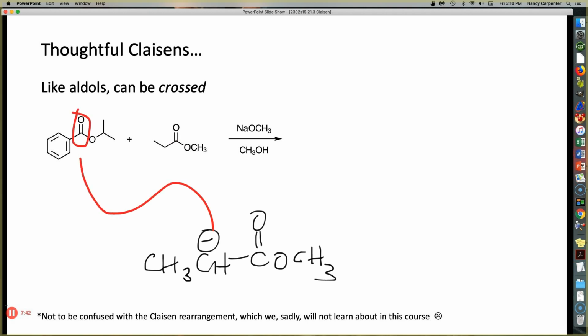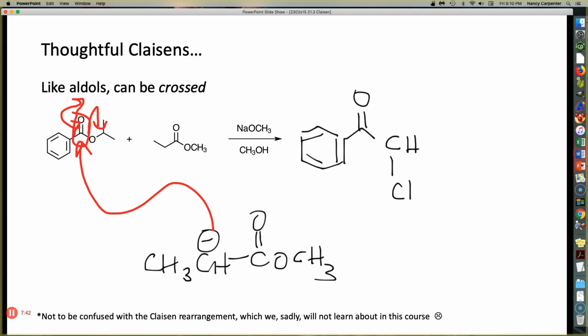So nucleophile meets electrophile, up, down, kicks out my alkoxide. So that gives me, there is the original electrophilic CO. What reacted was the enolate. So here's my new bond.